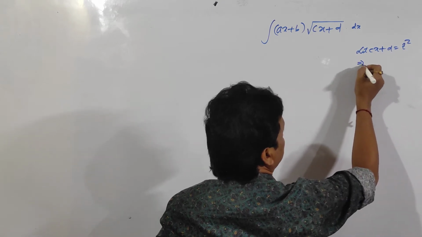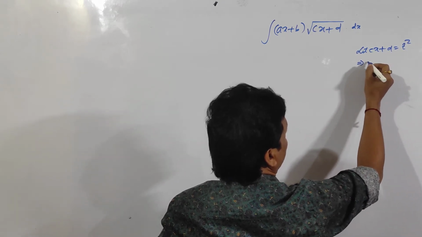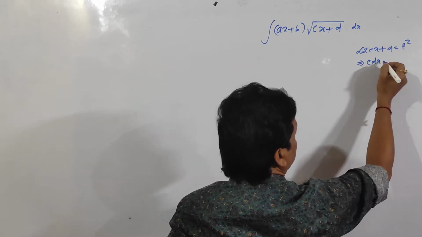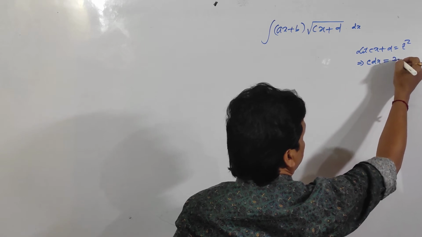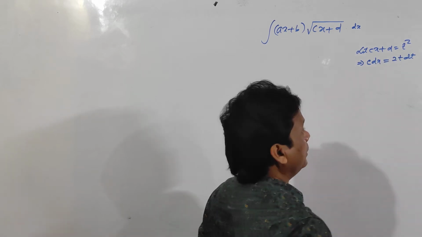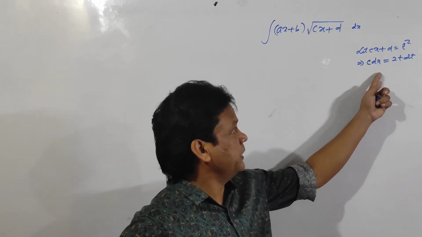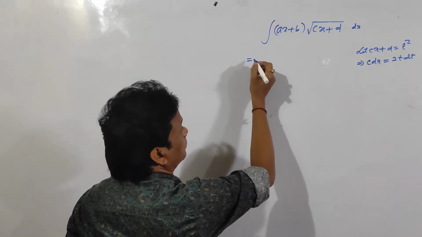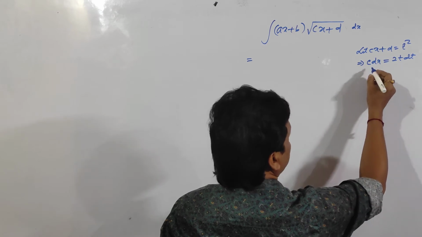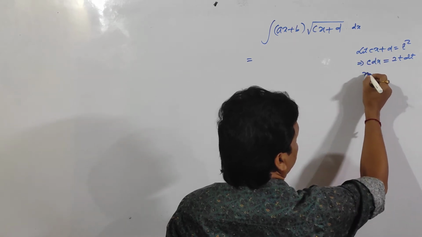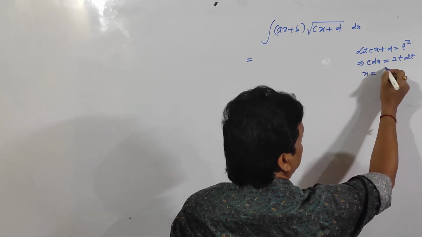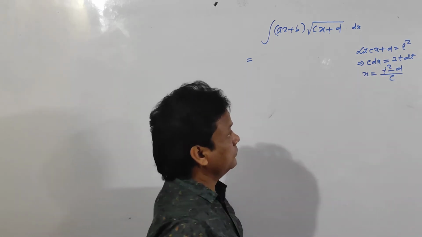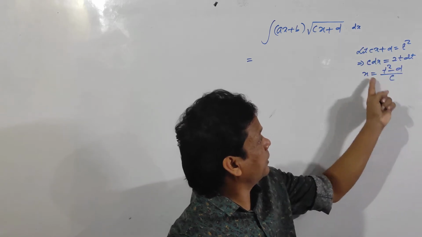Simply differentiate both the sides. c into dx is 2t dt. I am taking dt to the right hand side. And what is the value of x? Take d to that side: x is equal to (t square minus d) divided by c.